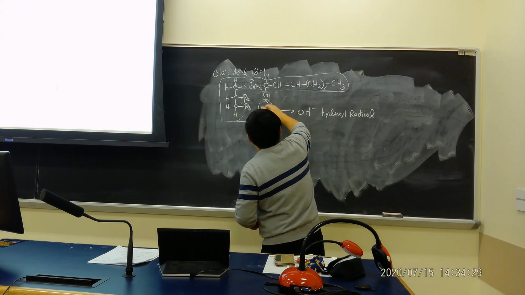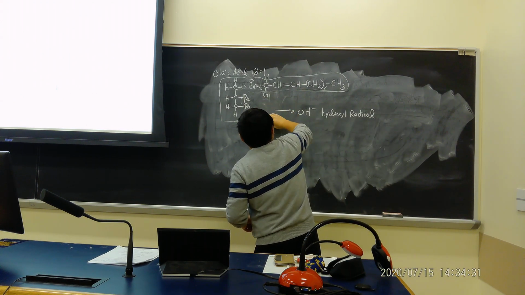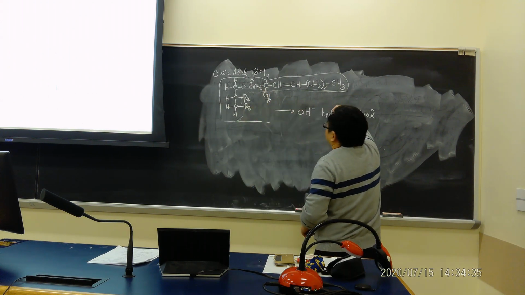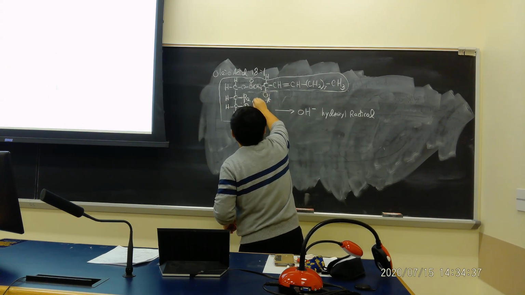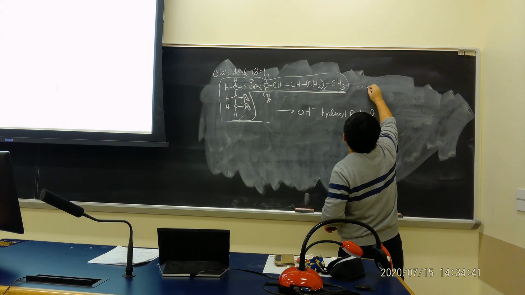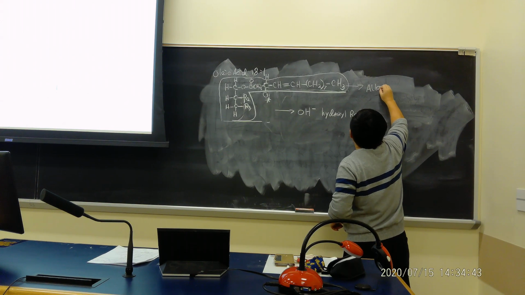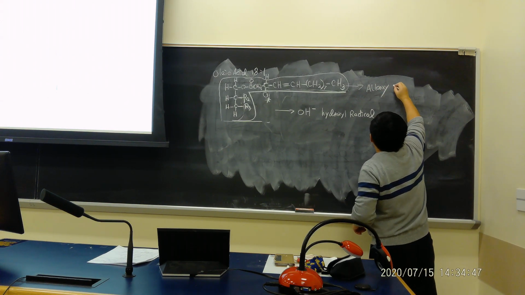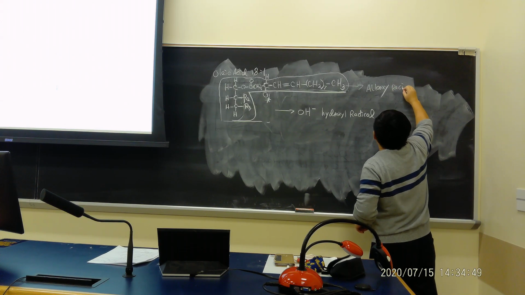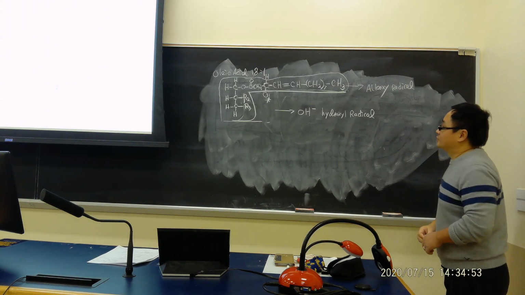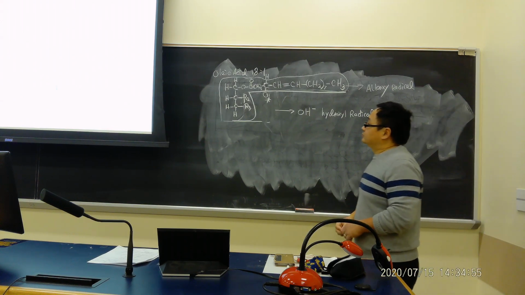Okay, once this is gone, this becomes what? How about this area, this place? What do we call it? This is called alkoxy radical. Okay?